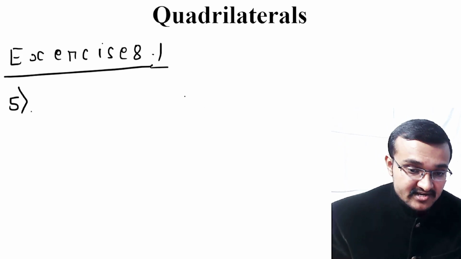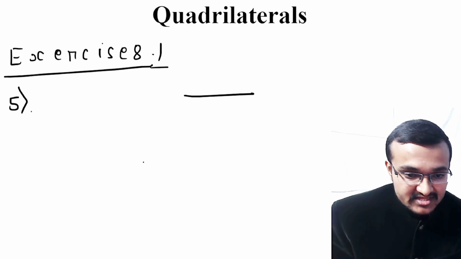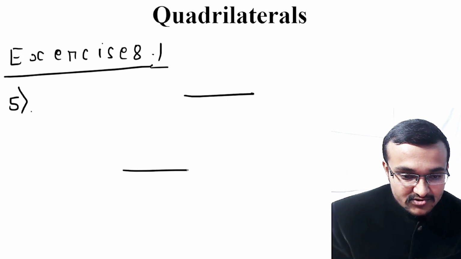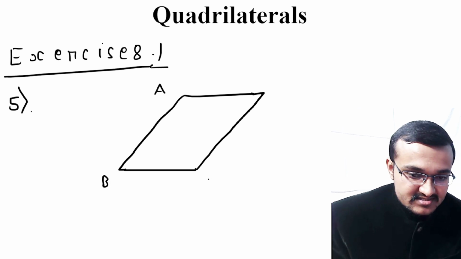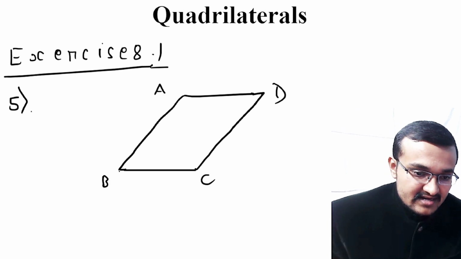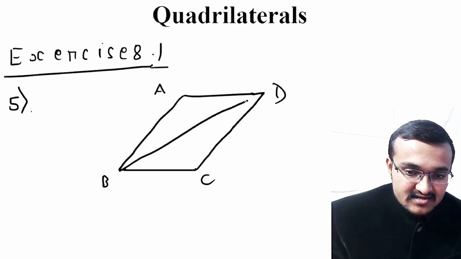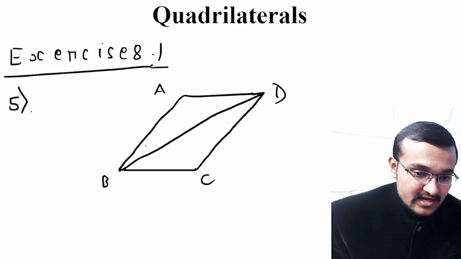In the fifth question, they have given a particular diagram. In that you have a parallelogram like this. So let me draw that parallelogram. We have a parallelogram named ABCD, and BD is a diagonal in this parallelogram.